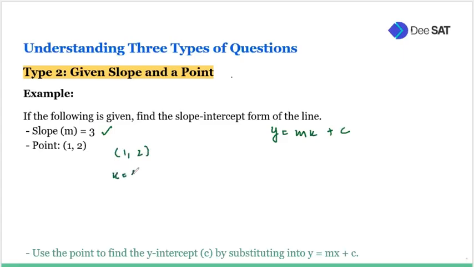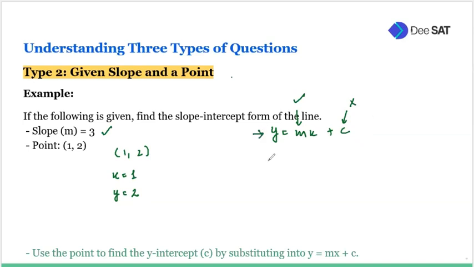That means x is 1 and y is equivalent to 2, correct? So for the equation of a line, I need m and c, where m is available, but c is not available. So I just plug these values into the equation to figure out the value of c.